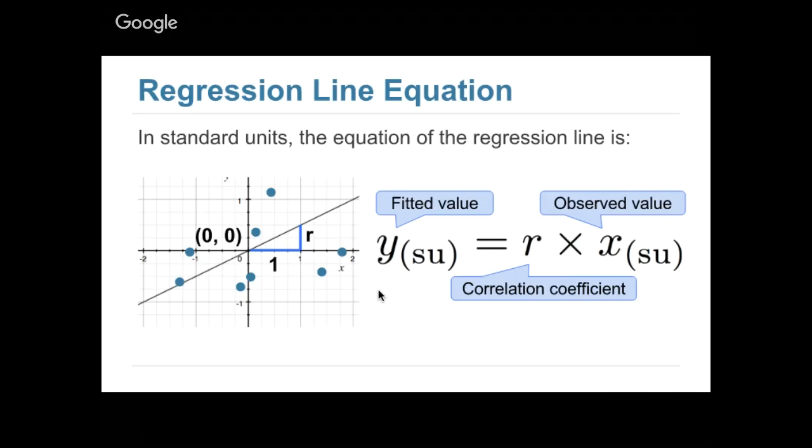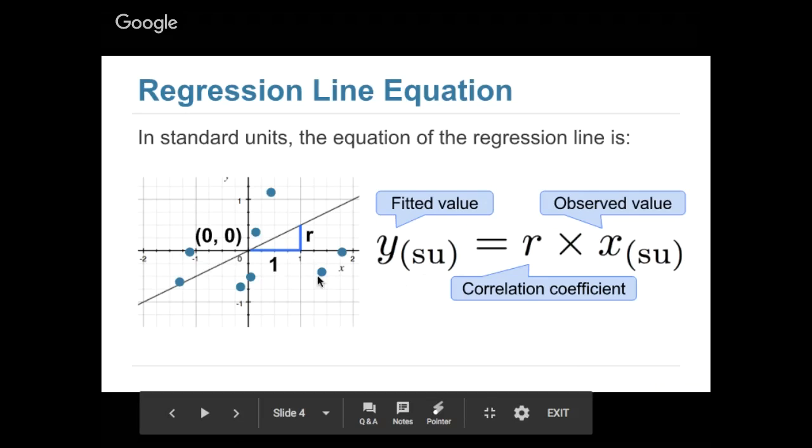The reason that happens is because this is not a typical x and y function relationship. What I'm saying here is that given a value of x, I'm going to predict a value of y. So it's not the same as saying y is equal to x. If I were to flip my axes, what I would be saying is given a value of y, how would I predict x?